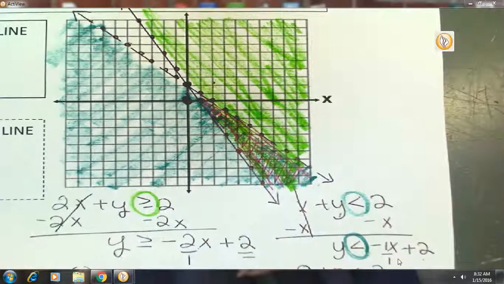Let me go ahead and swipe up and set up. Here's good. Carly is already in. She's already got it graphed.